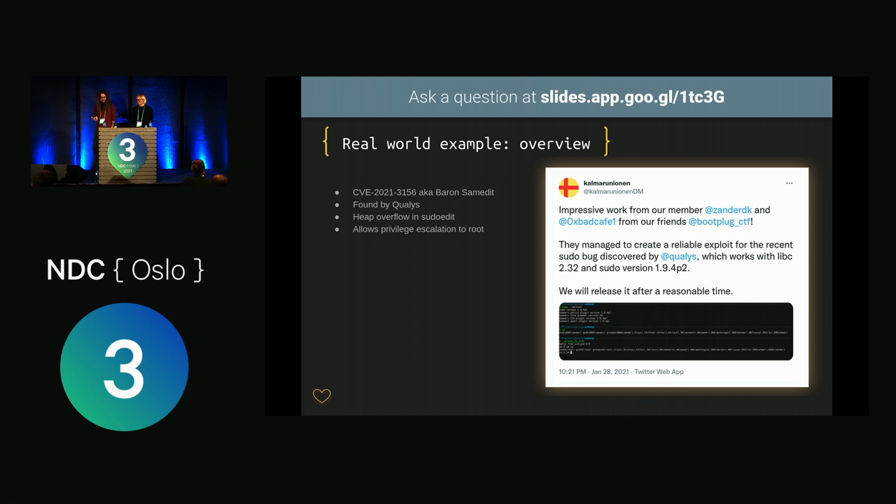After a couple of days, we were able to create a stable exploit for this one version of sudo, and could probably take it further for other versions as well. It just goes to show that we were just playing around and got it working in 2 days. So someone with more skill and motivation would probably be able to do it quicker. So when reports like this are published, it's a good idea to patch quickly, or else people will jump on it and try to abuse it very quickly.